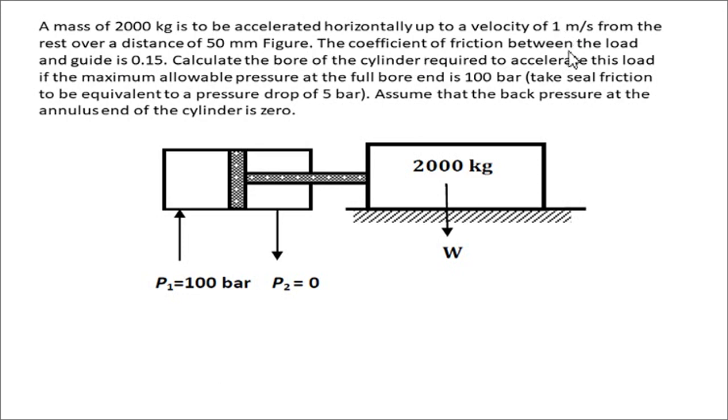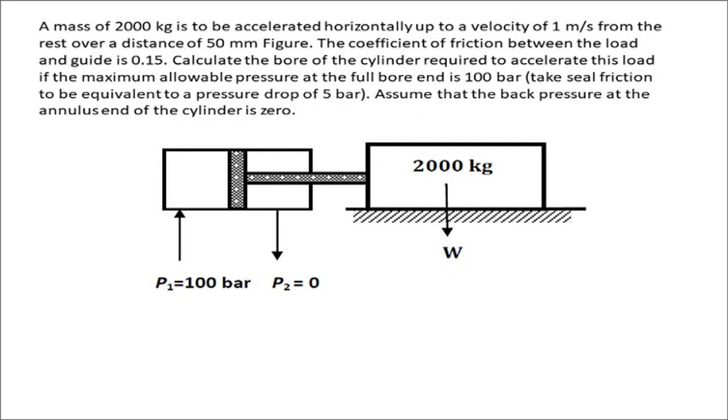The coefficient of friction between the load and the guide is 0.15. Calculate the bore of a cylinder required to accelerate this load if the maximum allowable pressure at the full bore end of the cylinder is 100 bar and it is reduced by 5 bar because of the pressure drop, assuming the back pressure at the annulus end of the cylinder is 0.